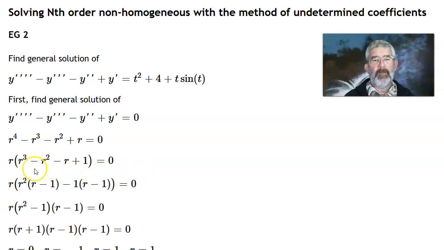So here's a cubic, and if I group the first two and the last two terms, for the first two I'm going to factor out an r squared, so that would be r squared times r minus 1. For the last two, I'm going to factor out a minus 1, leaving an r minus 1. Usually, what's left in the two parentheses is different, and this doesn't get you anywhere.